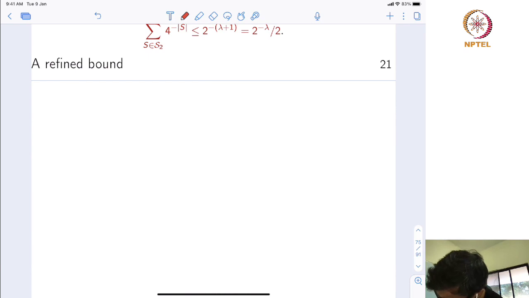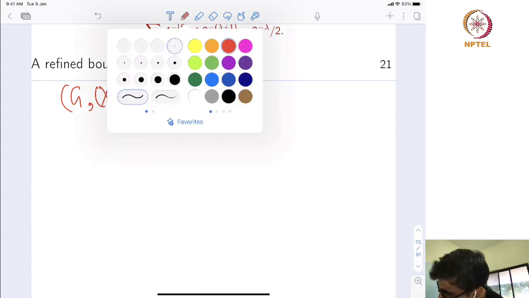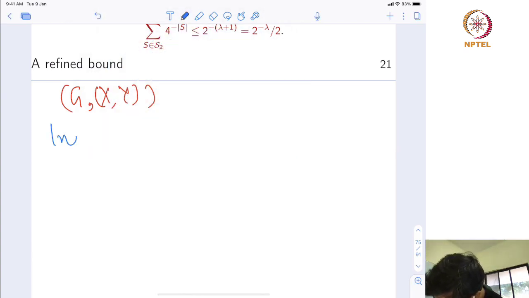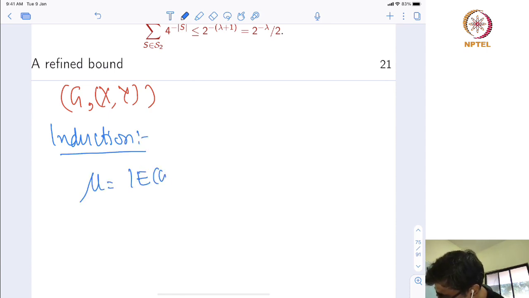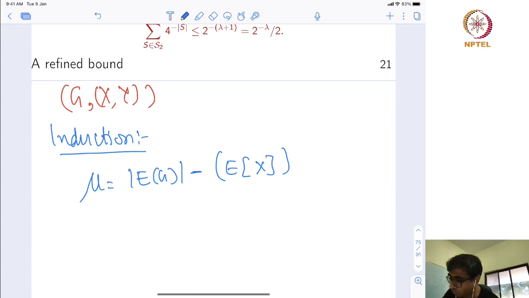So given a graph G, X and Y, the induction is going to be on a measure which is the number of edges in my graph minus the number of edges in the graph induced on X. So this is what my measure is going to be.